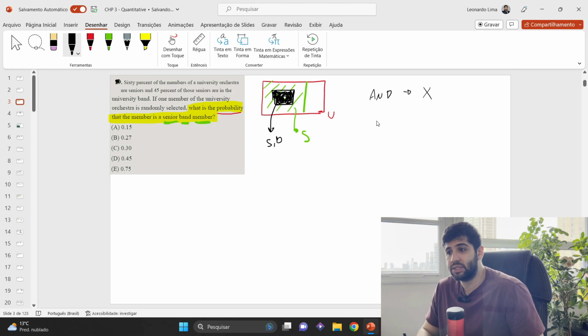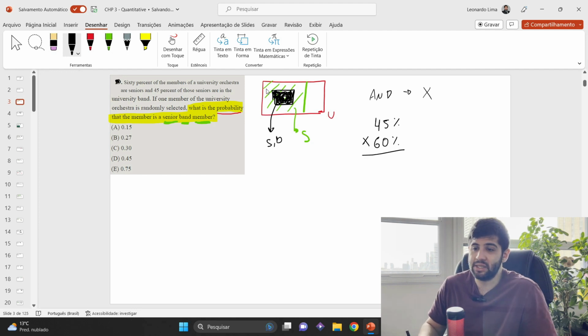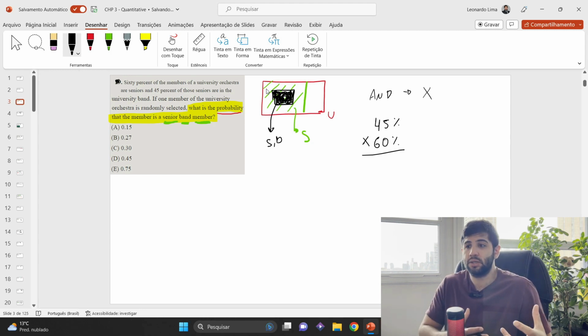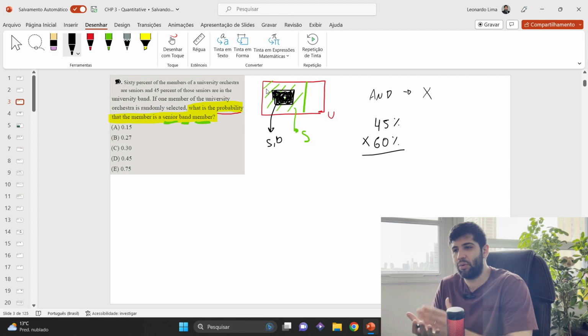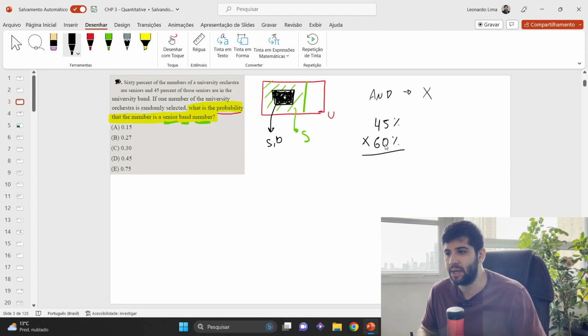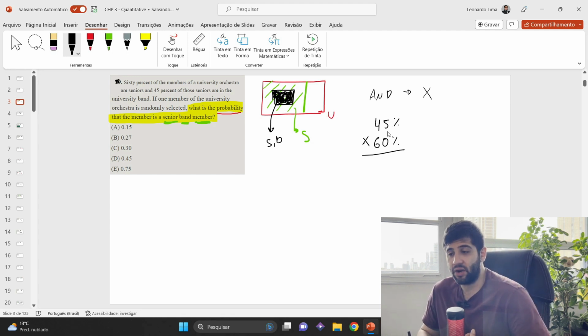So now we just need to take both probabilities. We have 45% to be seniors in a band, but we also have to select only seniors, 60%, because inside of the band there are also some people that could be juniors but in a band. So we want to select both seniors and in a band. Now we just need to do this simple math: 45% times 60%.